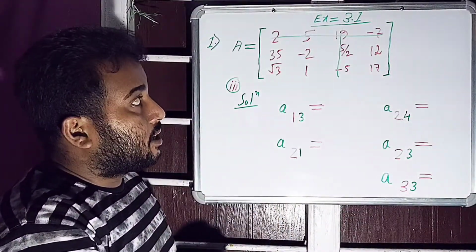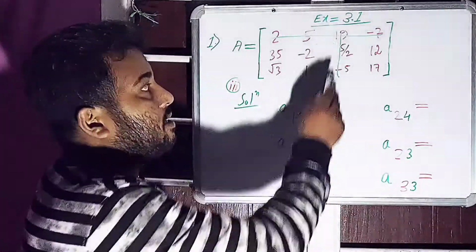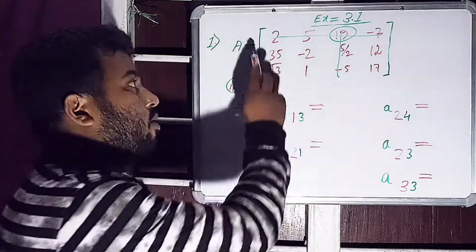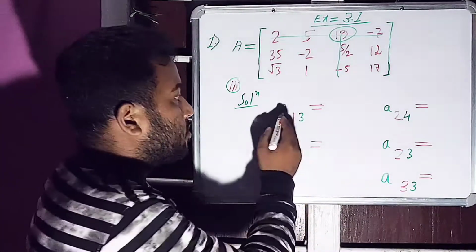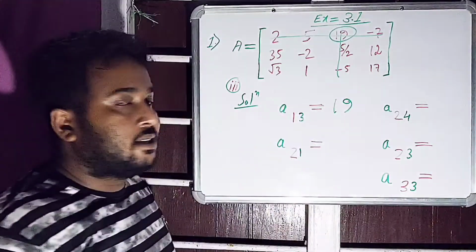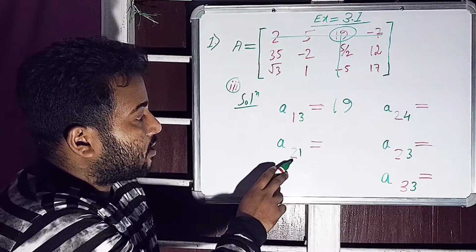The element which is intersected by these two lines is 19. So in row 1 and column 3, we get the element 19. So A13 is 19.